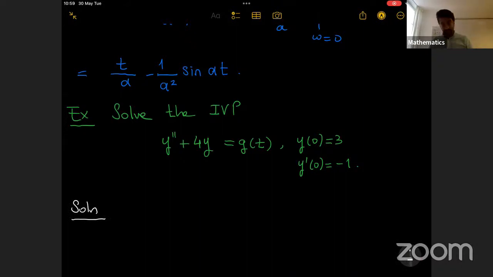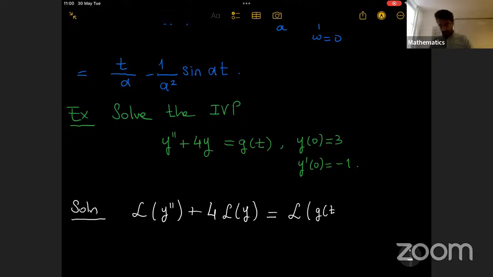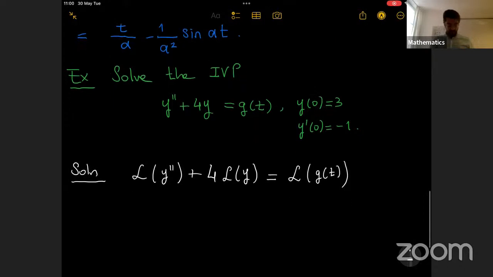When you apply Laplace transform, we will get the following, right? The Laplace transform of y double prime plus 4 times the Laplace transform of y is equal to the Laplace transform of g(t).